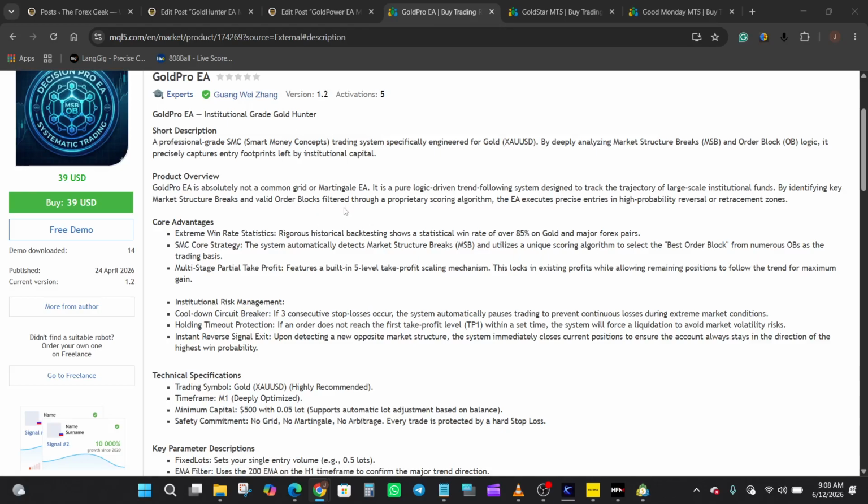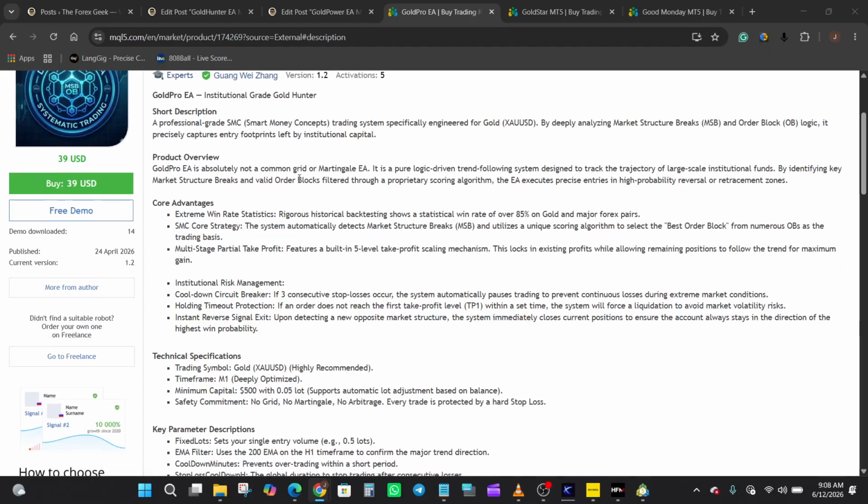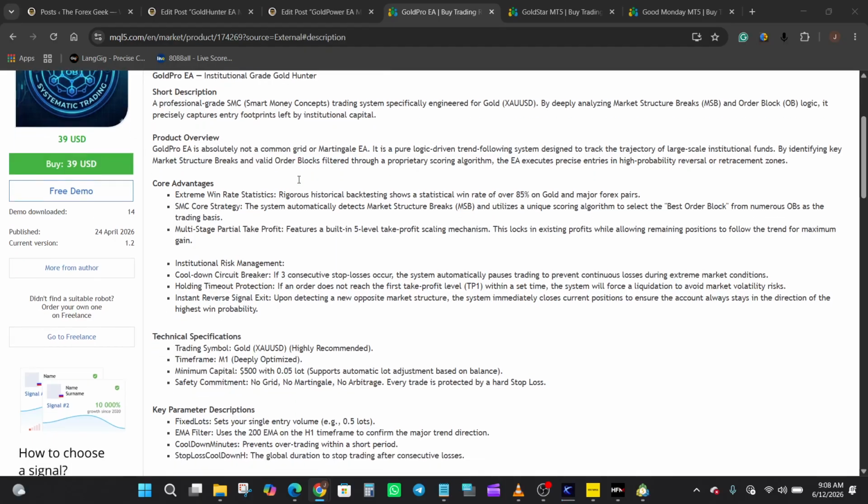The developer describes it as an institutional grade gold trading system built around market structure analysis rather than traditional grid or martingale techniques. As I scroll through the product description, one of the key concepts highlighted is the EA's use of market structure breaks, often referred to as MSBs, along with order block analysis.